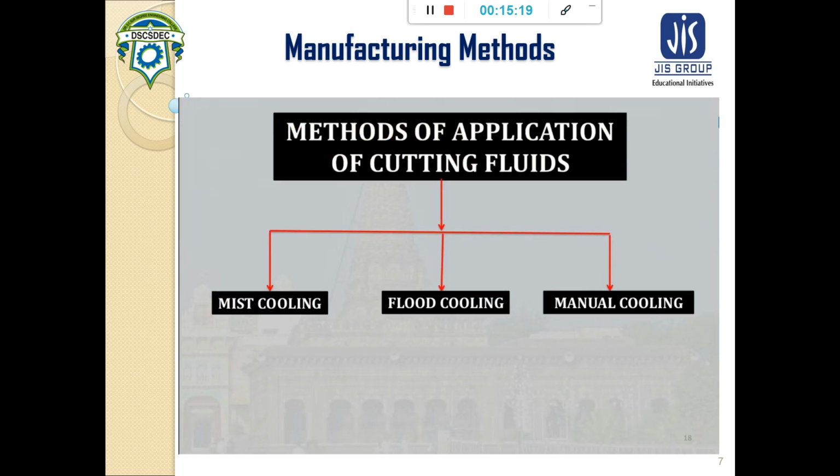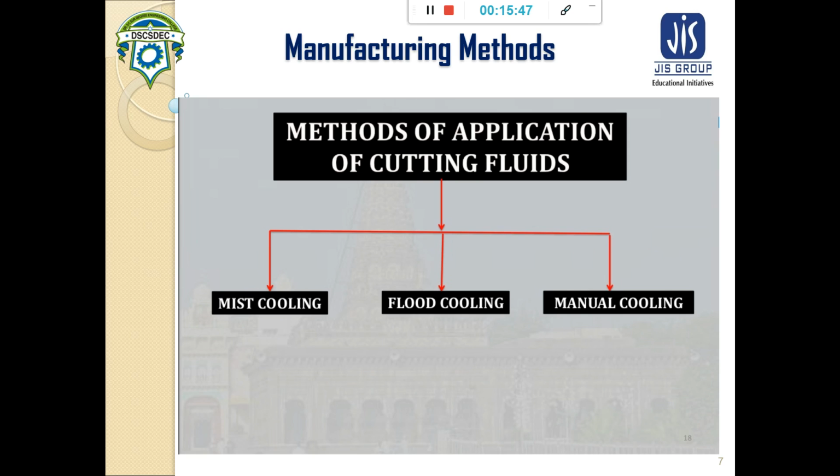Now, the cutting fluid can be applied in three ways. First is mist cooling, second is flood cooling, and third is manual cooling. In mist cooling, mist means a jet of small droplets.